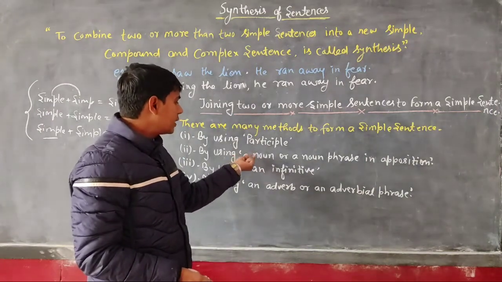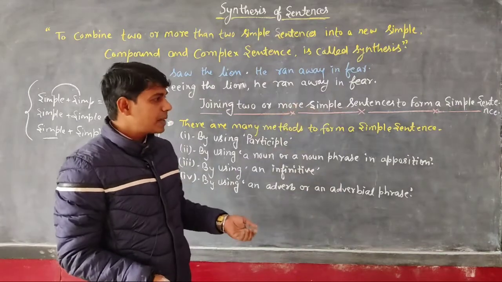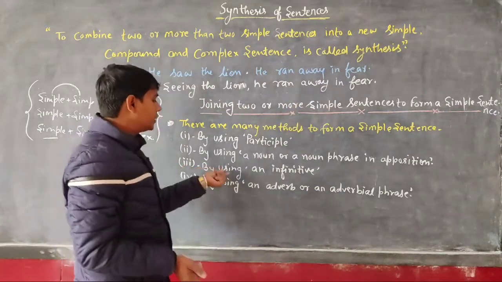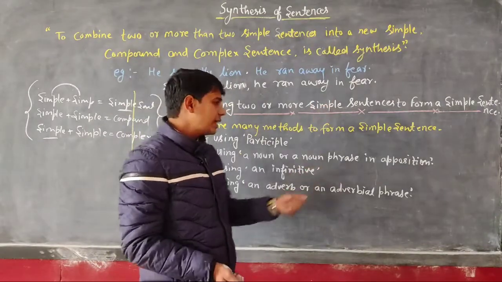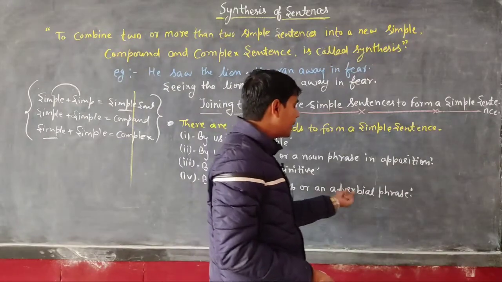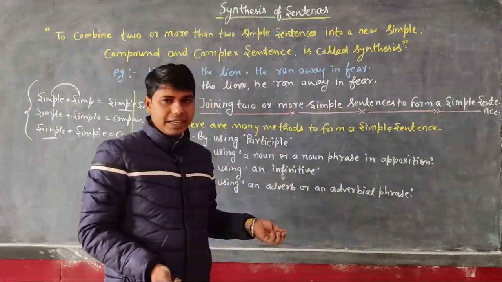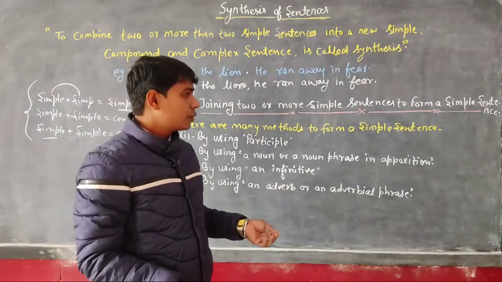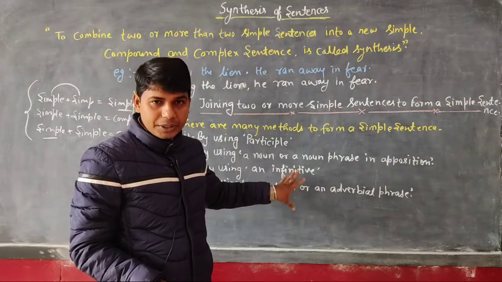By using a noun or noun phrase in apposition, we can form a simple sentence. Third one, by using an infinitive, we can also form a simple sentence. And the fourth method is by using an adverb or adverbial phrase, we can form a simple sentence. Is that clear? Okay dear, so I hope you have got all these points that I have shared with you.